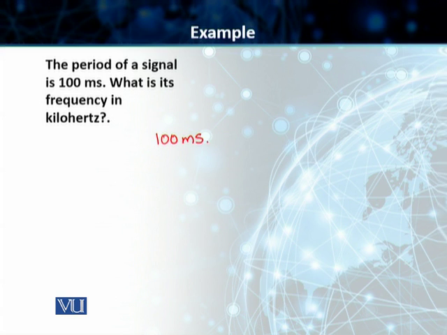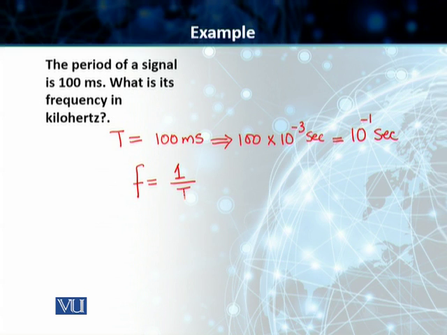Now we know that this is equivalent to 100 multiplied by 10 raised to the power minus 3 seconds, and this is essentially equal to 10 raised to the power minus 1 seconds. Now students, after the conversion of this period, we can find the frequency as 1 divided by T, which is 1 divided by 10 raised to the power minus 1, and this is essentially equal to 10 Hertz.